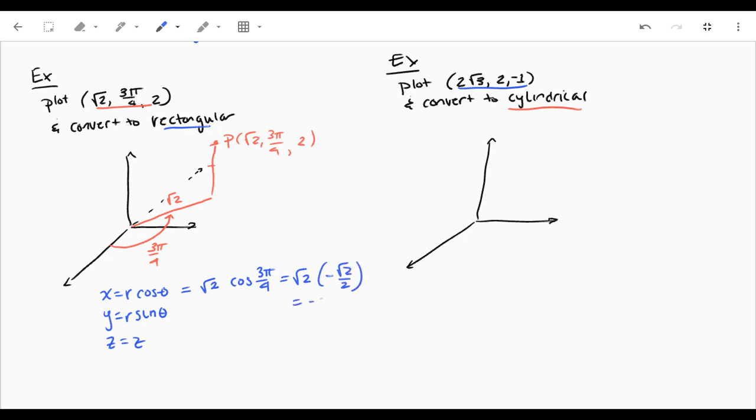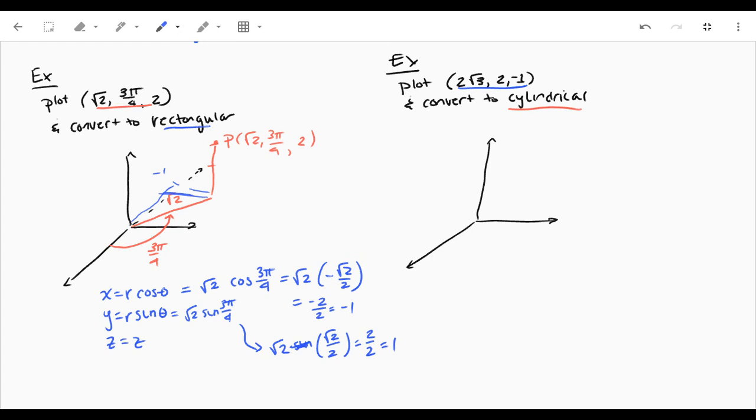So I get negative 2 over 2, which is negative 1. Y is going to be square root of 2 times the sine of 3 pi over 4, so square root of 2 times root 2 over 2, which is 2 over 2, which is 1.